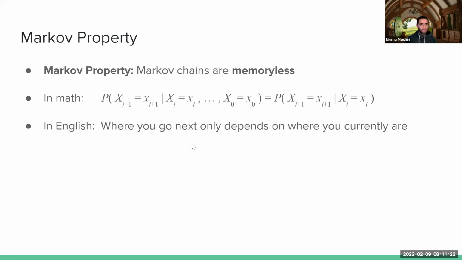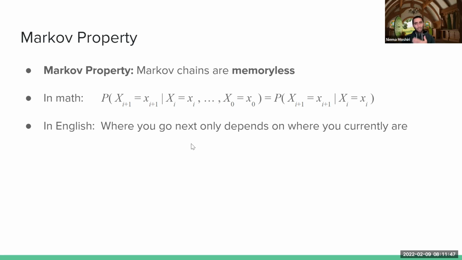In simple English terms, what this means is that where you go next only depends on where you currently are. In my weather example, we're simplifying our assumption by saying the probability that tomorrow is cloudy only depends on the fact that today is sunny. It doesn't matter what the weather was like yesterday or the day before that.